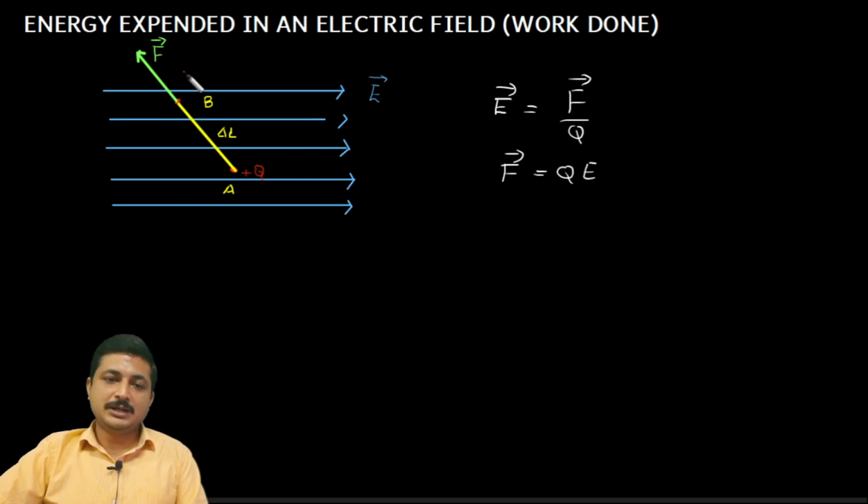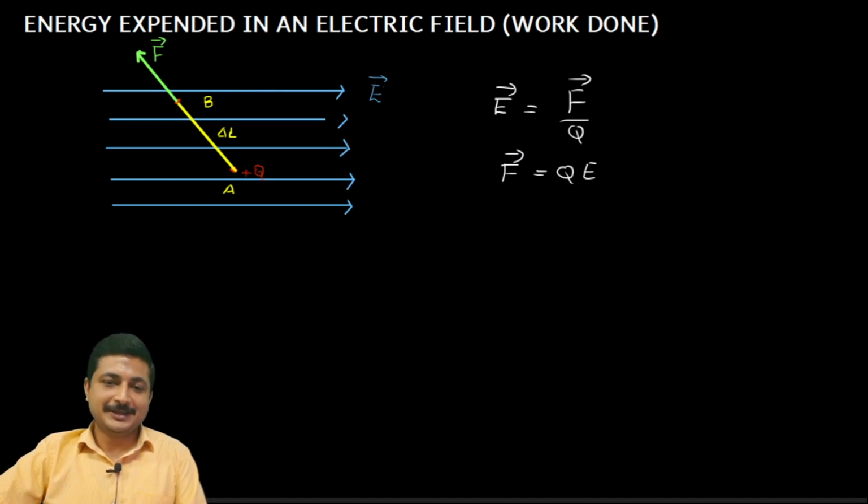I am happy to consider the force which is exactly opposite to the field, that is the horizontal component of this force. So I am going to study the work done, or the force exerted, by considering the horizontal component of the force which is exactly opposite to the field, because this will give me a sense of the maximum force required against the field.